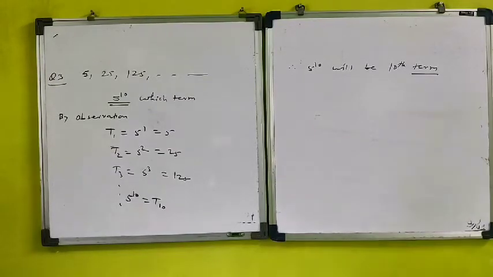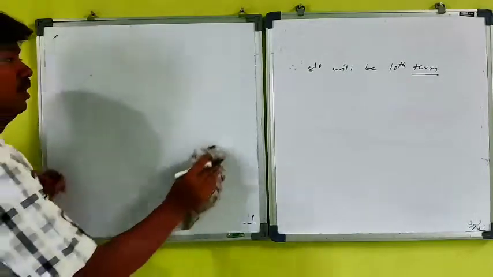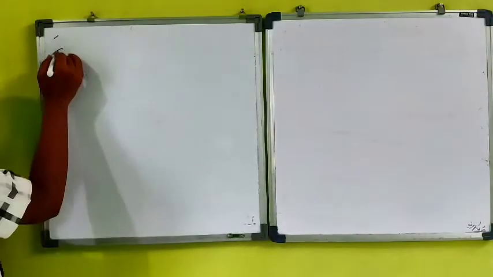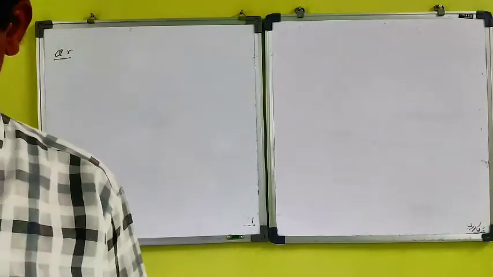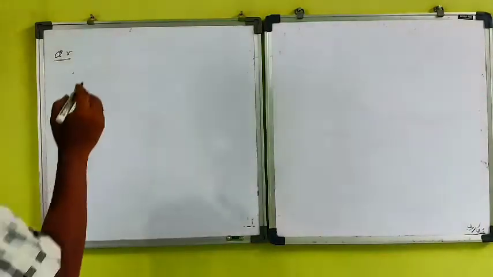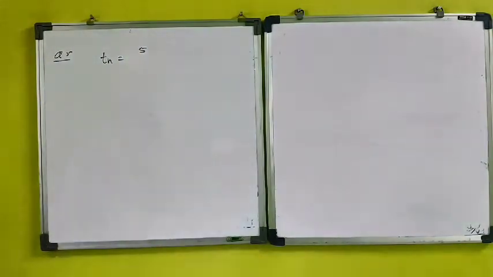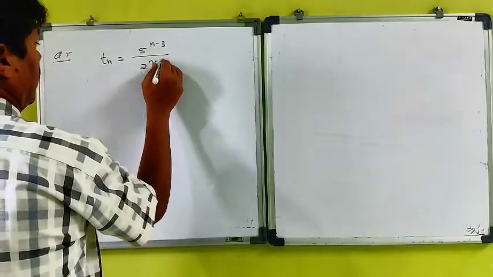Next, question number 5 in your textbook is to prove that. Tn is given as 5 raised to n minus 3 upon 2 raised to n minus 3.